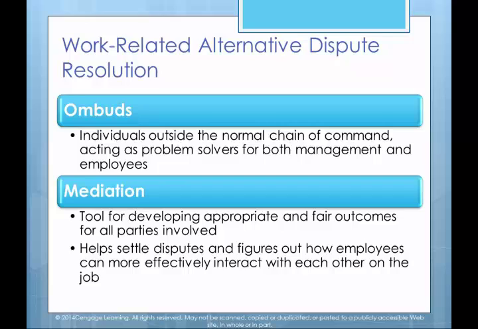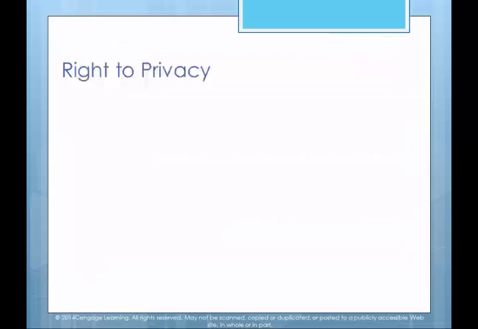And they really serve as mediators. They develop appropriate and fair outcomes. They help settle disputes so people can effectively interact with each other on the job, especially employee to employee, in which a lot of conflicts happen.